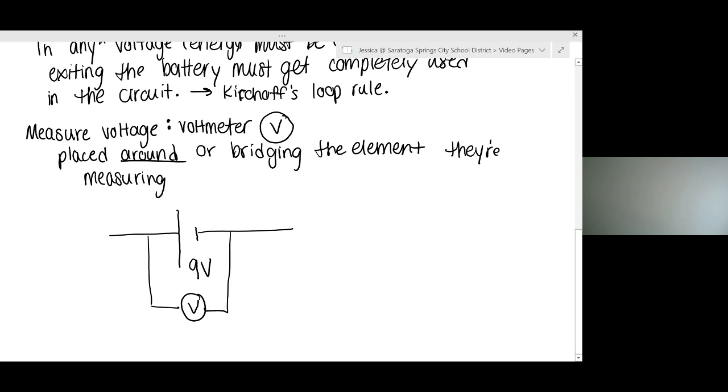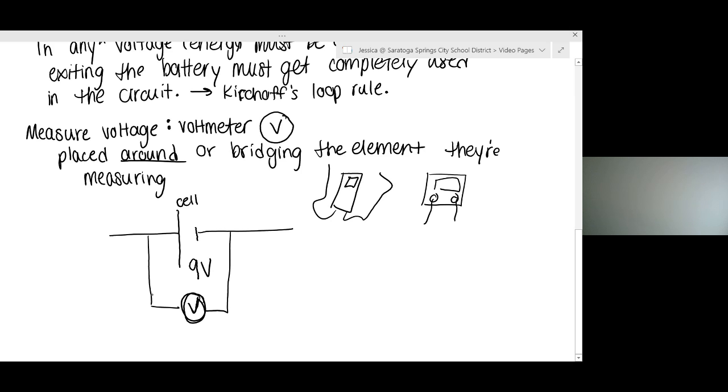Now, in reality, voltmeters either look like some sort of digital tool with wires coming off of them like you've seen in the simulations, or sometimes they're this little box thing with wires coming out like this. But we represent them with a circle and a V. So we're bridging this circuit element, which in this case is a cell.